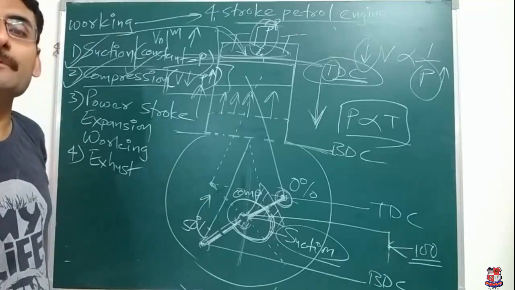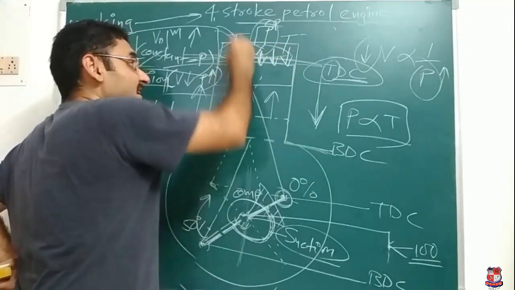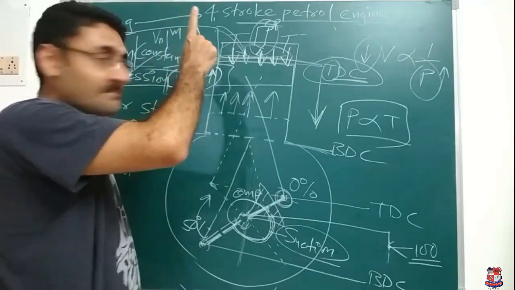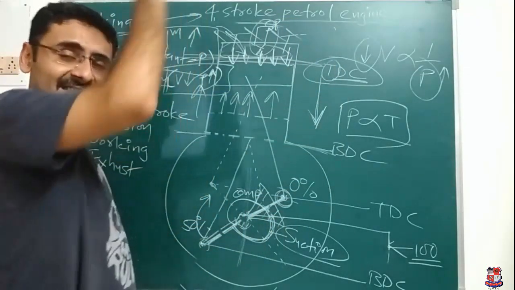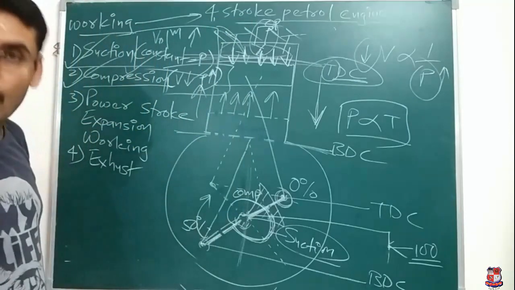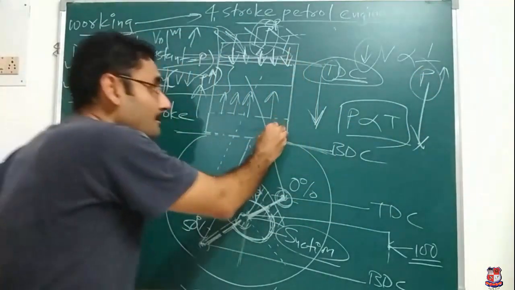Due to the combustion, burned particles are produced. Those burned particles impart force on the piston in the downward direction. They also impart force in the upward direction, but the upward side is rigidly fixed, so the force exerted upward is useless. All the effective force is created in the downward direction, so the piston will travel from TDC to BDC.